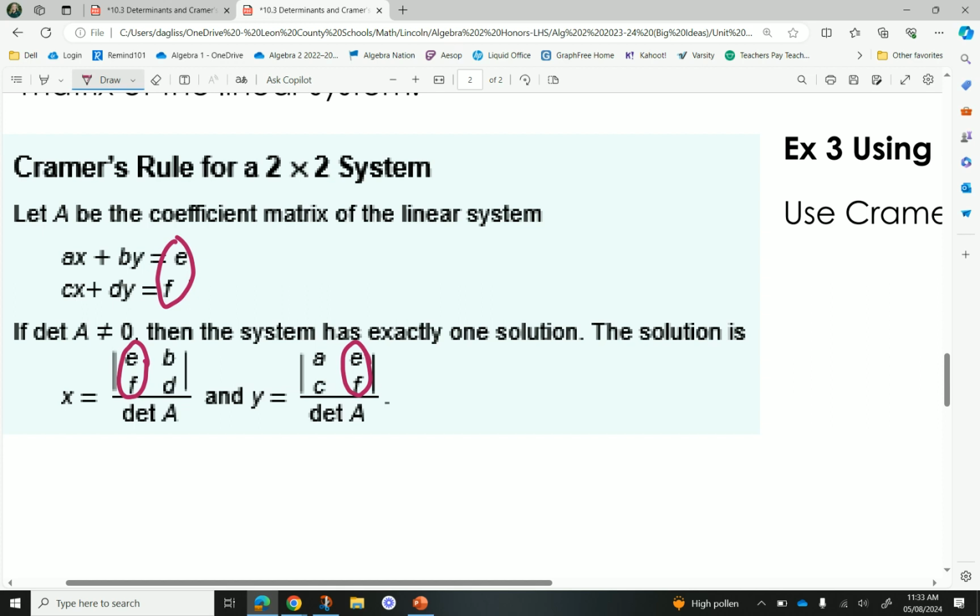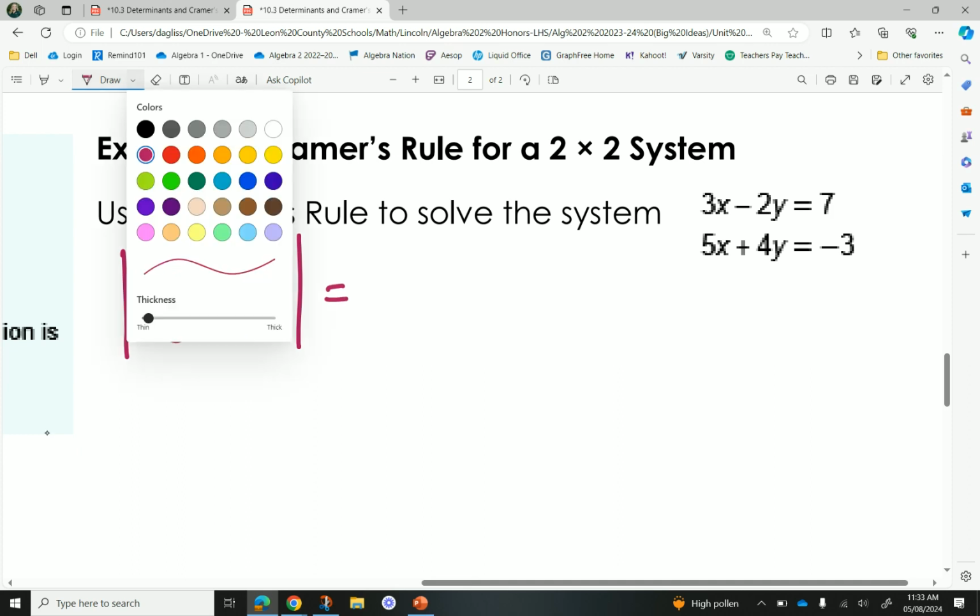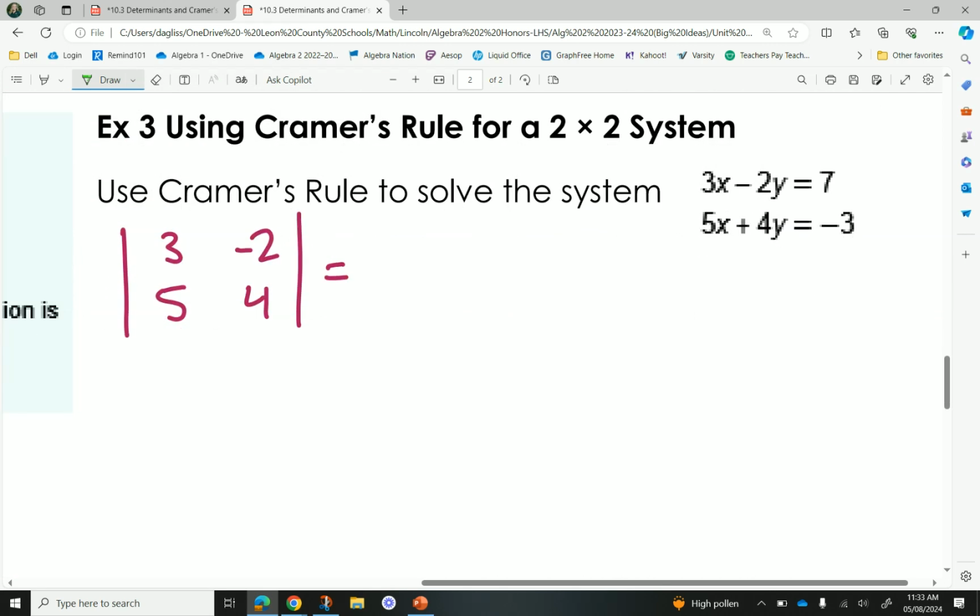First off, the determinant of our coefficient matrix. So our coefficient matrix is 3, 5. That's my coefficients for my x. And then my y's have a coefficient of -2 and 4. We like 2x2s, right? So this one gets set up as 12 minus -10.